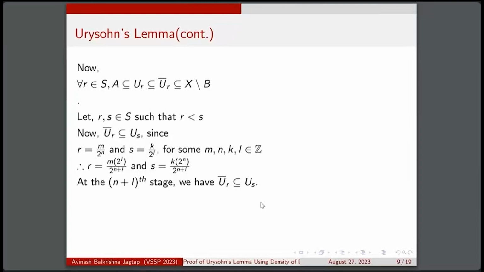At the (n+l)th stage, there are a finite number of dyadic rationals between r and s whose denominator is 2^(n+l). So there will be a finite number of sets between U_r closure and U_s. Therefore, U_r closure will be a subset of U_s.